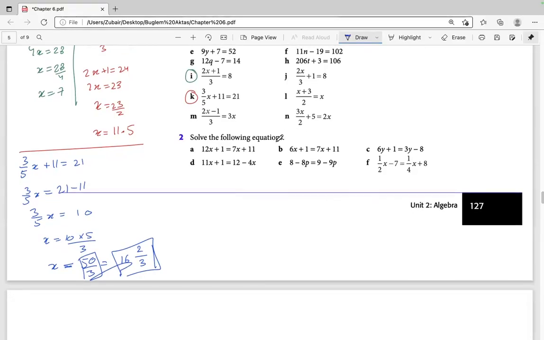Okay, question number 2 says solve the following equations and we are going to find x. All of these look similar to me. Let's try with some negative numbers and fractions.